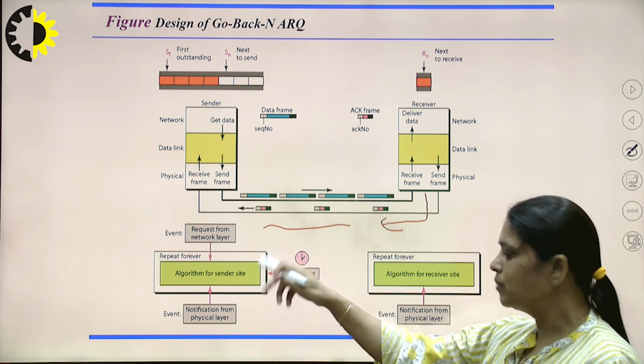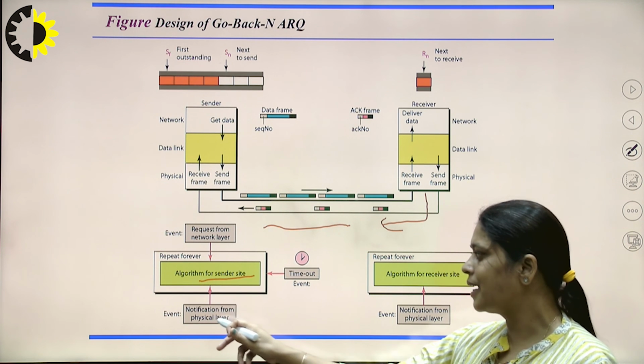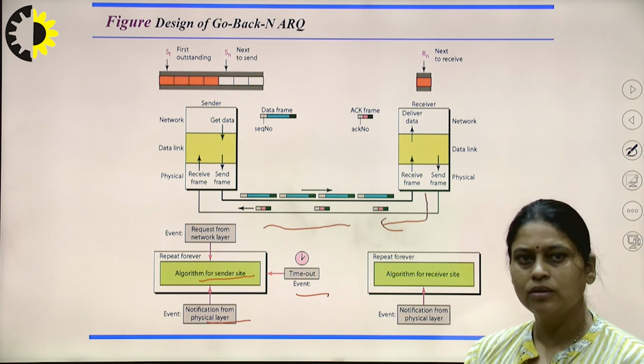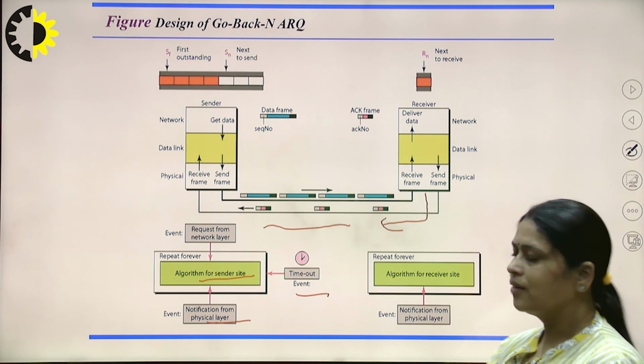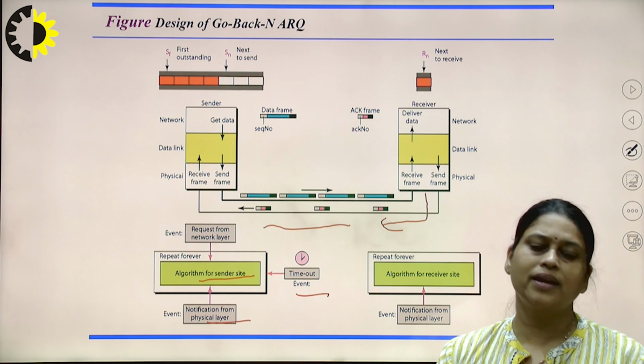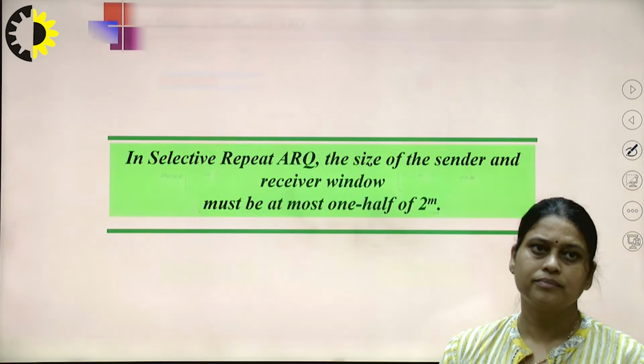The same thing happens here in the algorithm for the sender side, with notification from the physical layer. If there is a timeout, meaning within a time period we have not received the acknowledgement of the frame, then we will transmit the frame again.